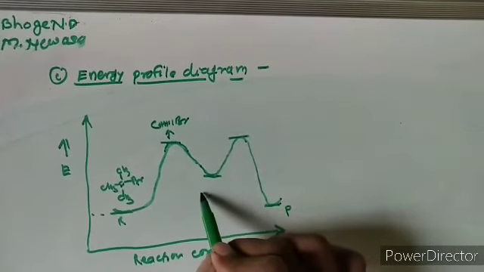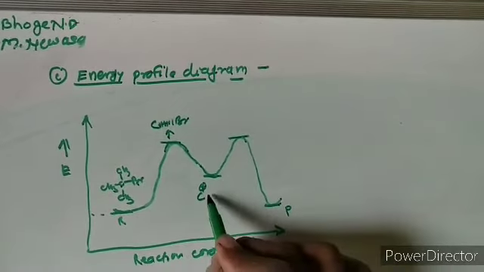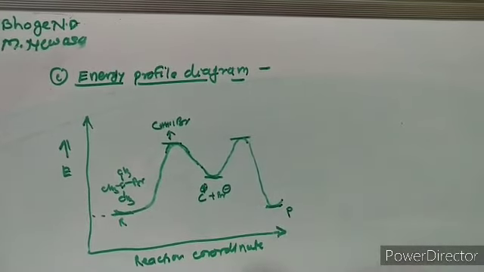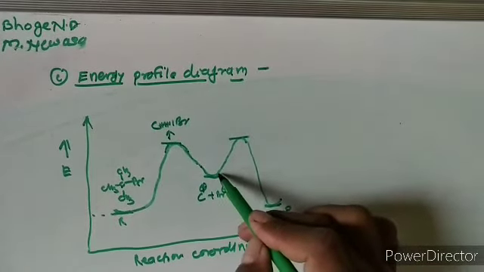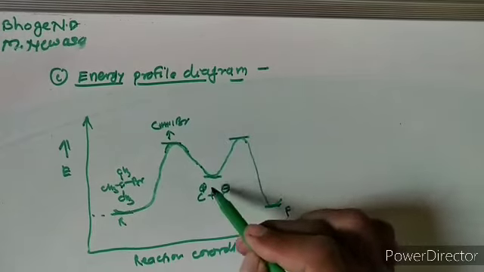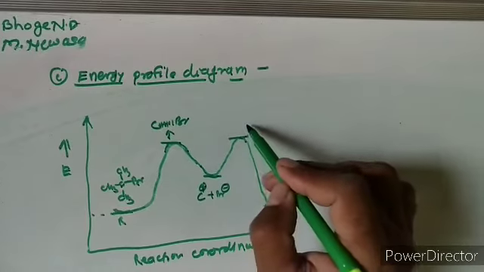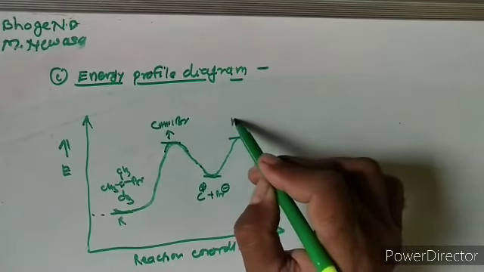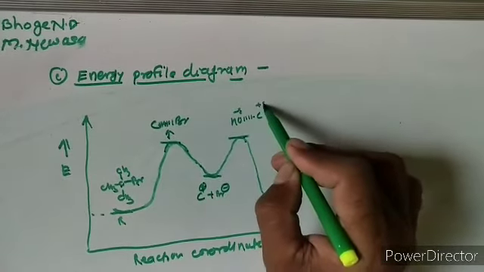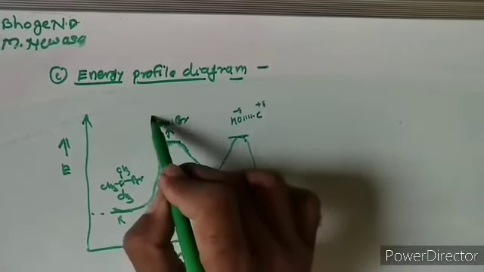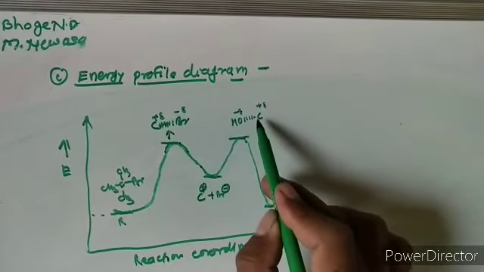So this step is for the formation of carbocation plus halogen. Again there is an increase in energy. At this stage the nucleophile slowly attacks the carbocation, so there is partial formation of the OH bond with the carbocation. Here is the plus charge, here is a partial breaking and here is a partial making.